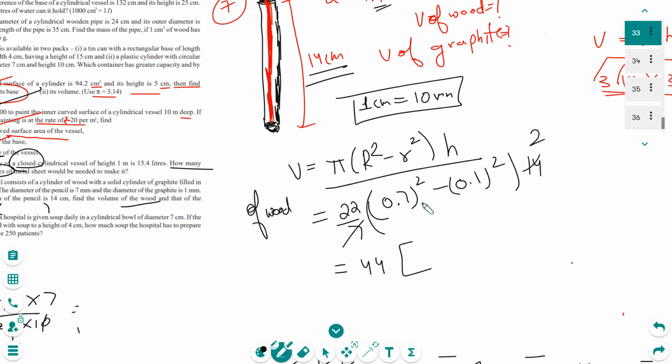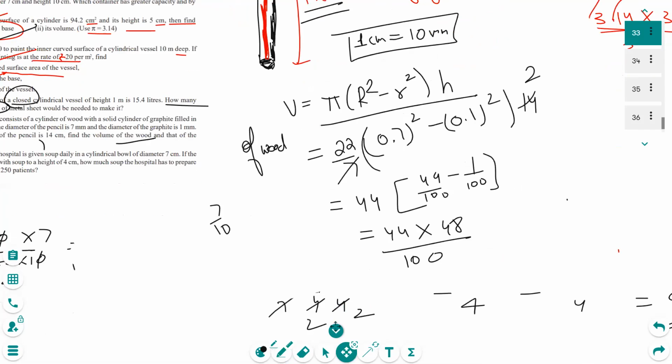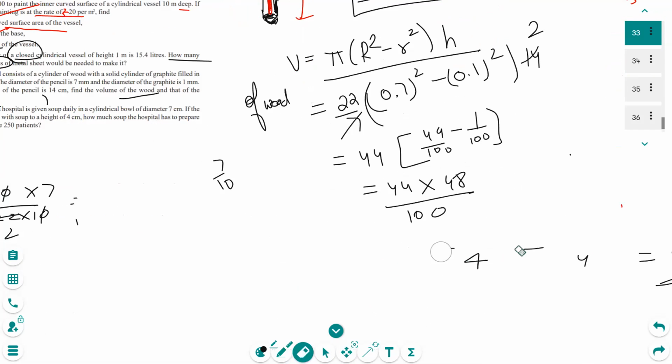So now let's calculate these guys. It can be written as 7 over 10, so you can write 49 over 100, right? And this can be 1 over 100, right? So 44 times 48 over 100. Now if you multiply these two, tell me the answer and divide them by 100. Put in the 2 decimals.